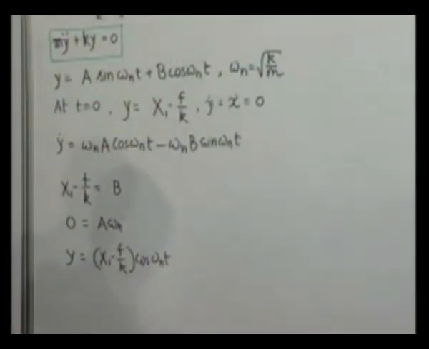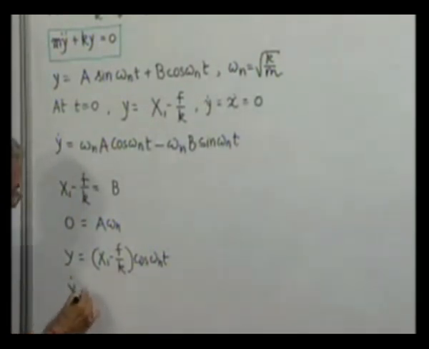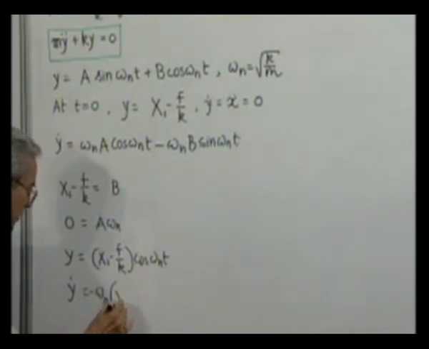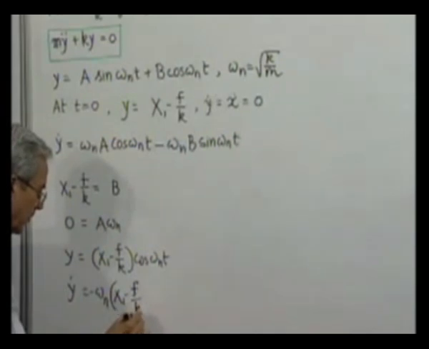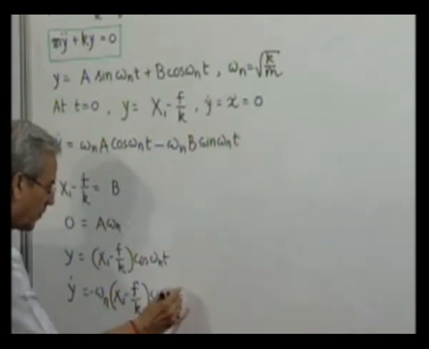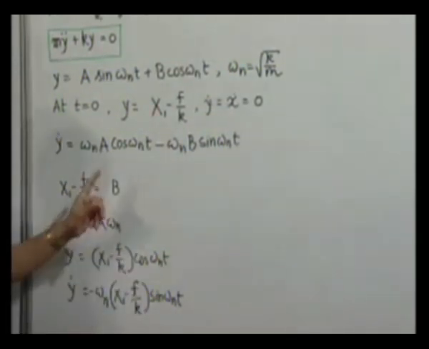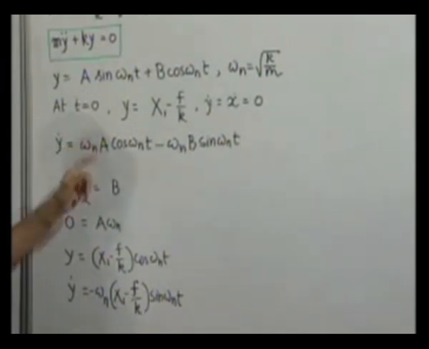Now, when will it stop? That is when y dot becomes 0 again. So y dot becomes 0 when t is equal to 0, which is the initial point, or when sin omega n t is 0 next time.